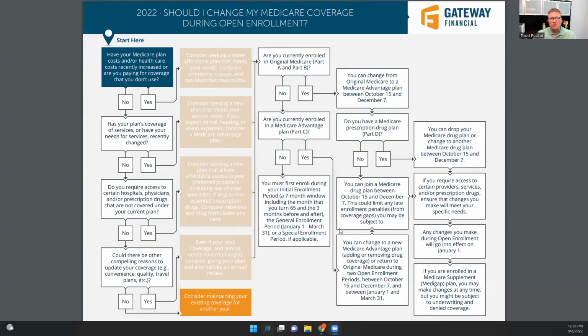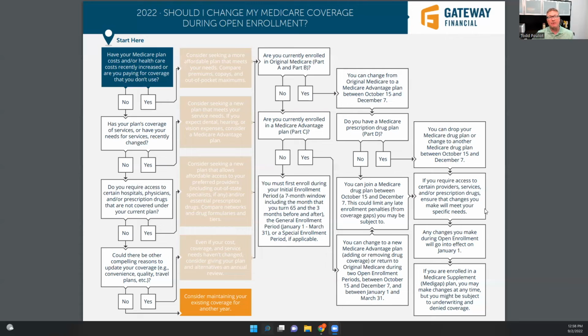Talk about what the long-term prognosis is for those things, and what your life expectancy may be. They're never going to tell you a day or a year, but you need to have those conversations. So if you require access to certain providers, services, and/or prescriptions, ensure that those changes will meet your specific needs.